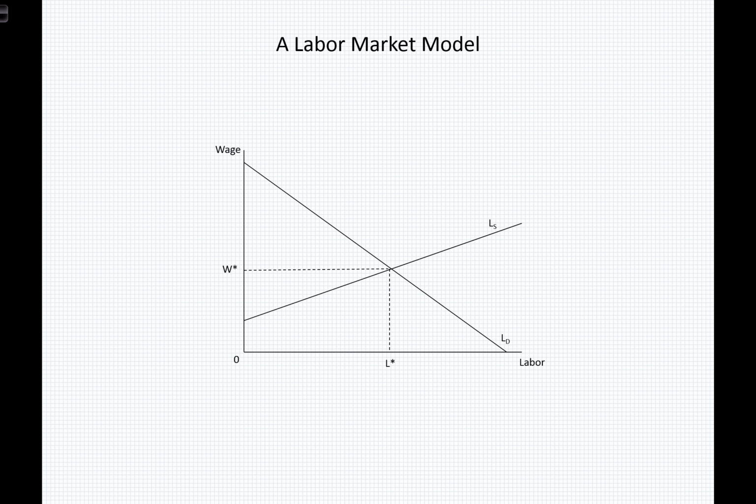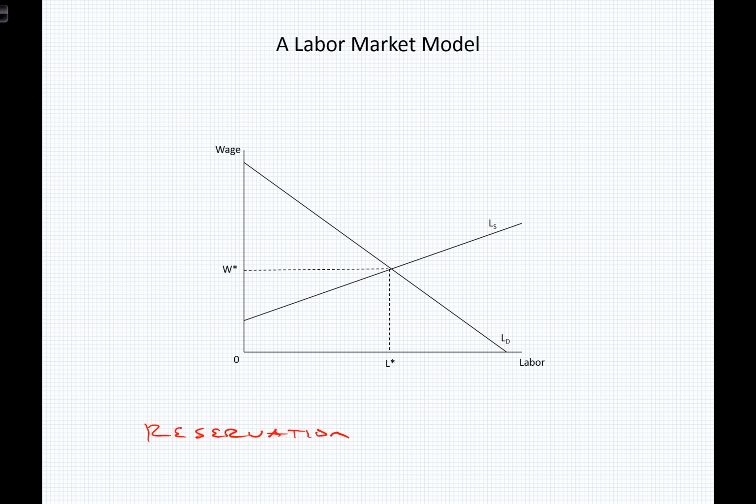In this case, we have to think about what's taking place with the labor supply curve here that's causing it to cross the wage or y-axis in positive space, or a positive value. When we see this, what we're really seeing is a reservation wage. A reservation wage is a wage at or above which workers will begin to supply labor, but at or below which workers will supply no labor.